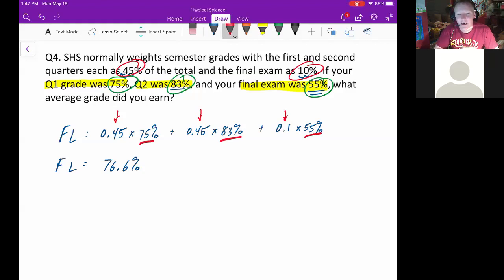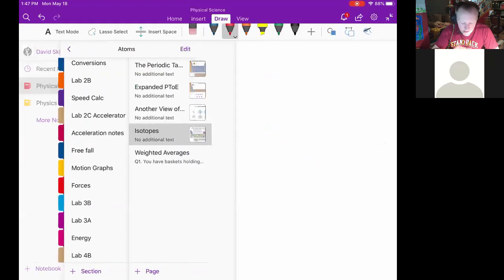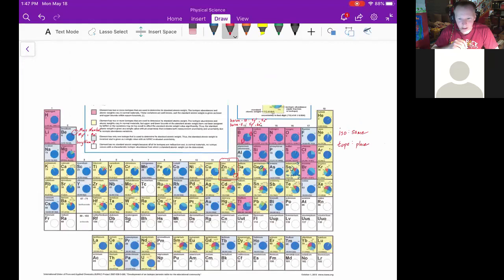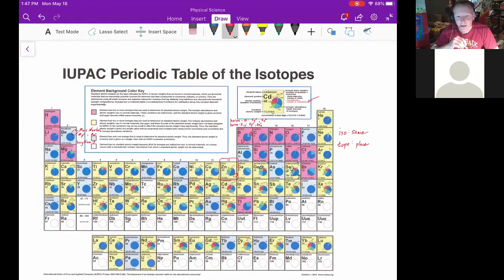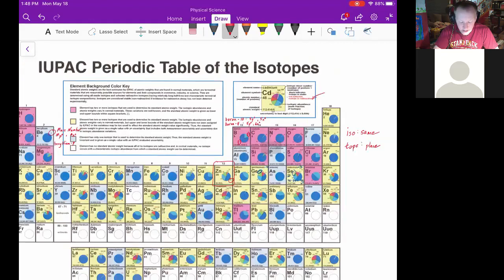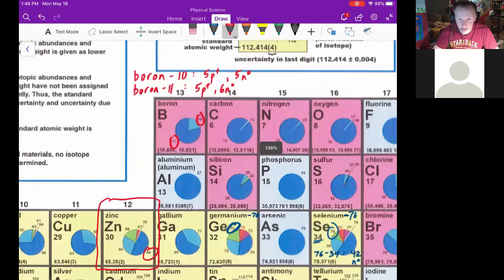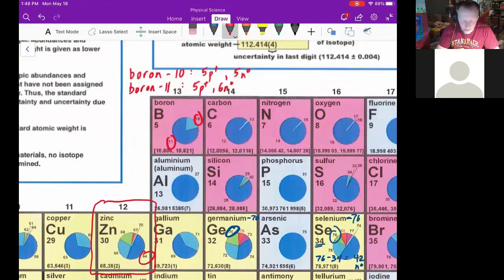Now let's see how this works with the periodic table. The other day, we looked at this fancified periodic table that included the relative abundances of each of them in pie graph form. And then it also included some measurements. So we had, for example, boron here.